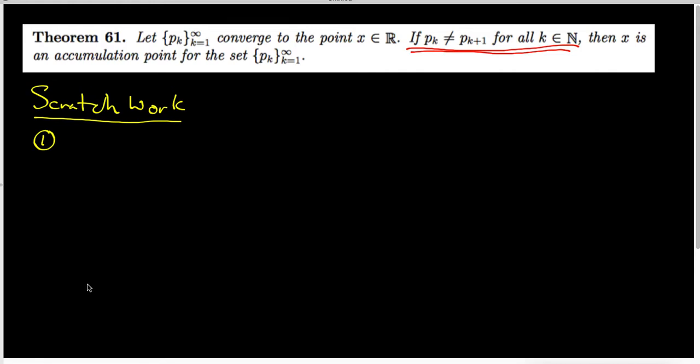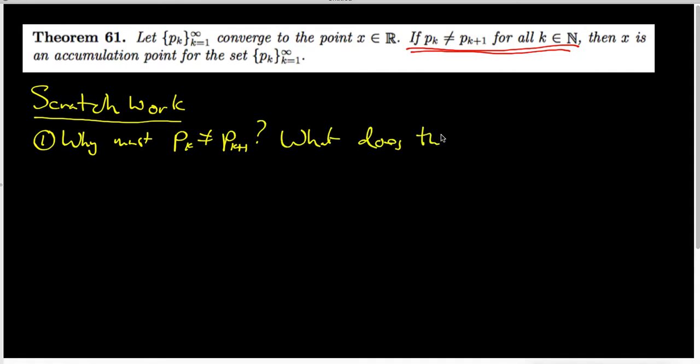So what I want to be thinking about is, why must p_k not be equal to p_{k+1}? And what I really mean by this is, what does this hypothesis say? The importance of this hypothesis is that it's going to prevent us from having a sequence with what I'm going to call a constant tail.